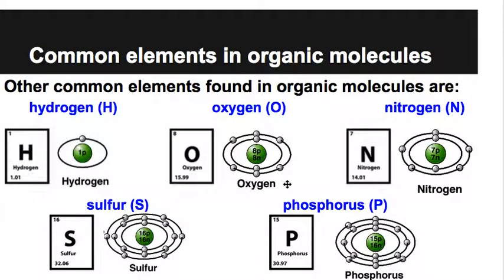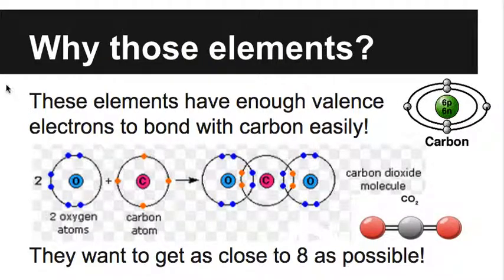You have oxygen, which needs 2 electrons. You have nitrogen, which needs 3 electrons. Sulfur needs 2 electrons, and phosphorus needs 3 electrons. So all of these different combinations allow carbon to be very flexible, and it can make many different types of molecules.